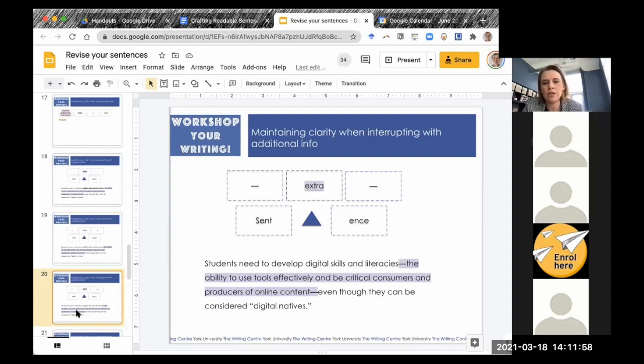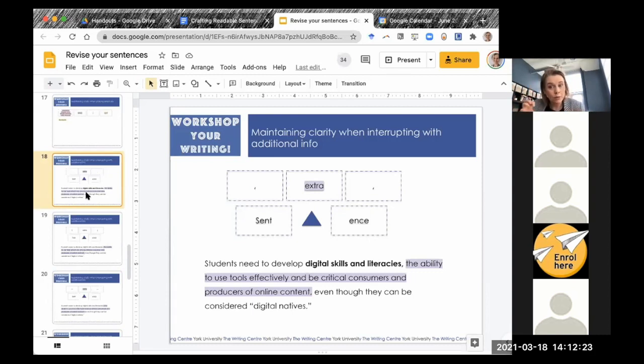Students need to develop digital skills and literacies. The ability to use tools effectively and be critical consumers and producers of online content, even though they can be considered digital natives. So the things that you need to remember when you're inserting additional information is that it is extra non-essential information to your sentence.